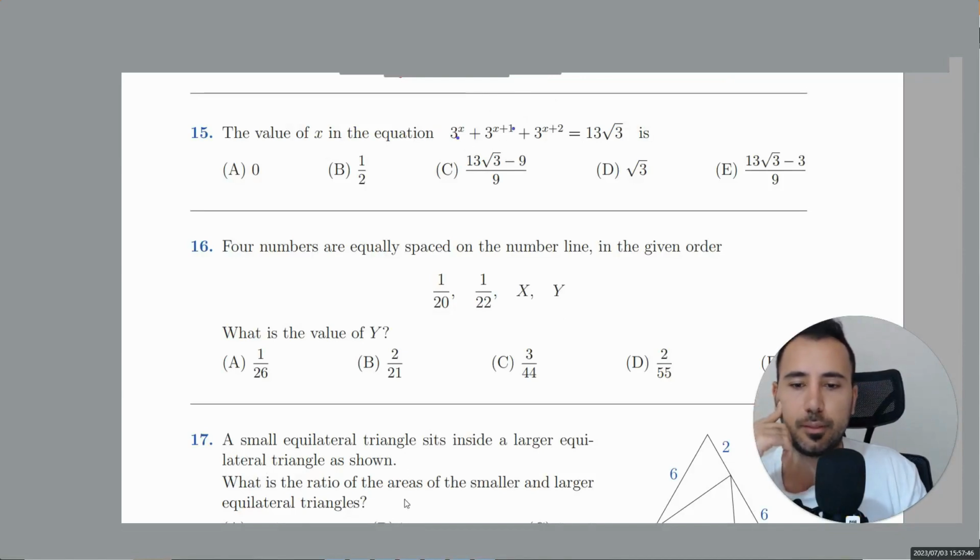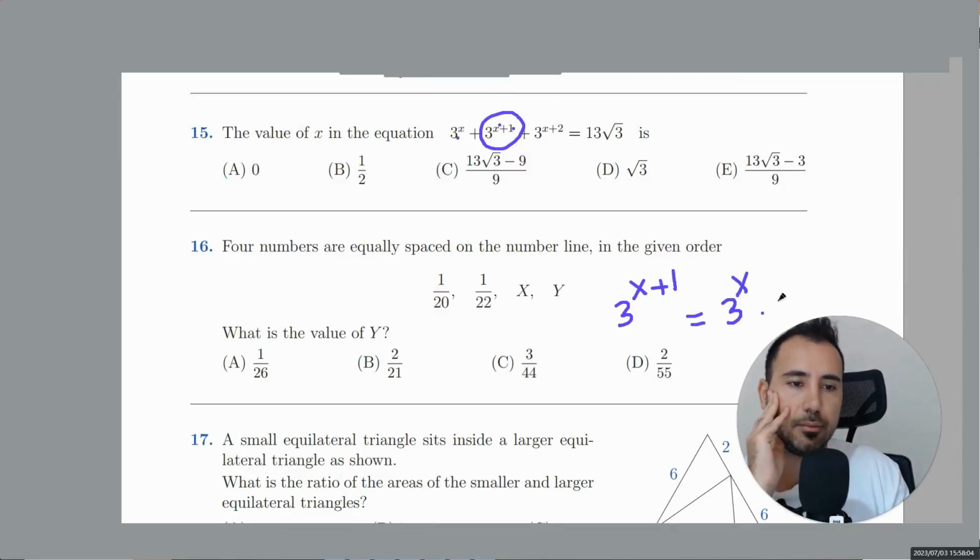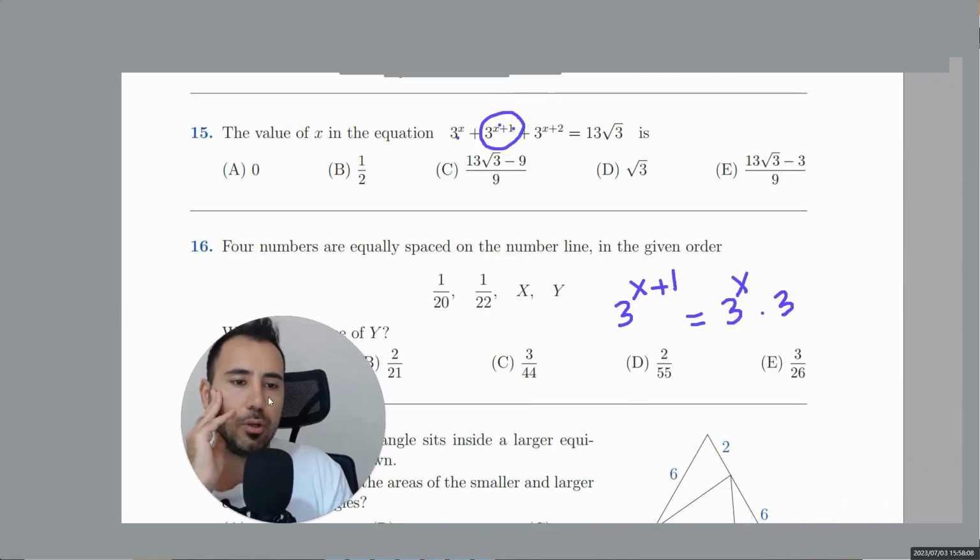Remember, I could write this one as, oh, my pen is not working. Okay, 3 to the power of x plus 1 is equal to 3 to the power of x multiplied by 3. Is that right? If I ask you to multiply these two, what would you say?